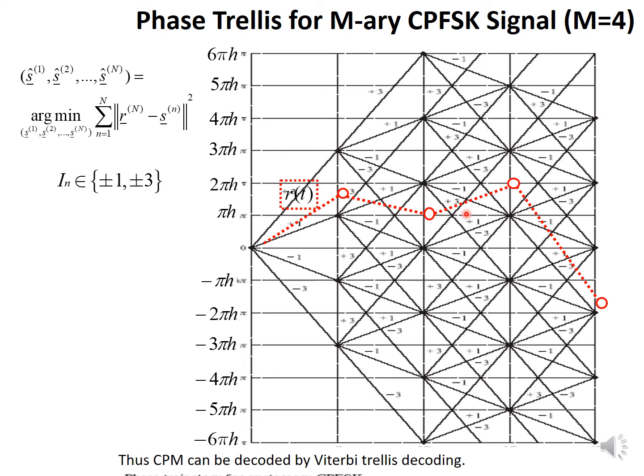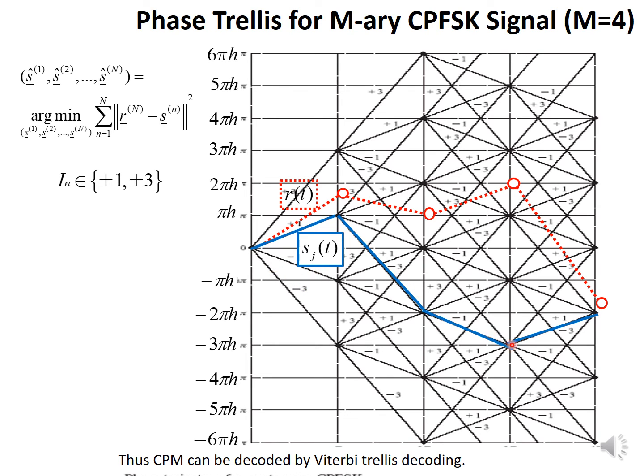The received sequence has a pairwise path difference with all the path candidates.